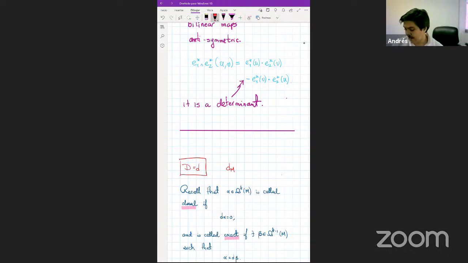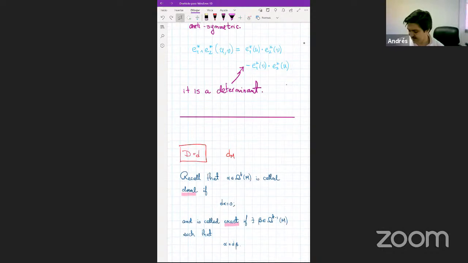A differential k-form is called closed if it lies in the kernel of the exterior derivative, that is, d of alpha is 0. And it's going to be called exact if alpha lies in the image of the exterior derivative.